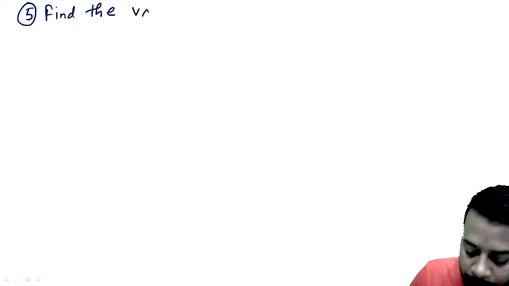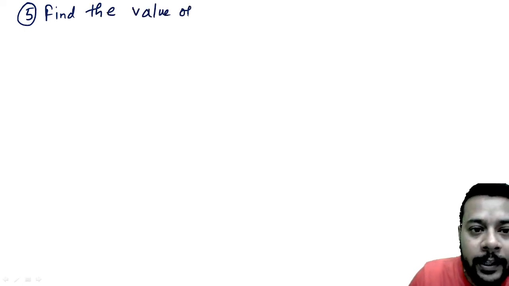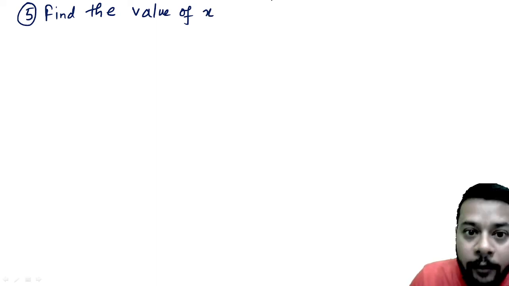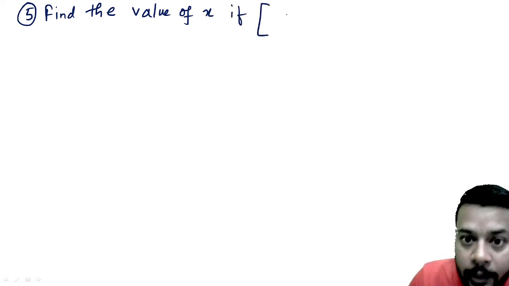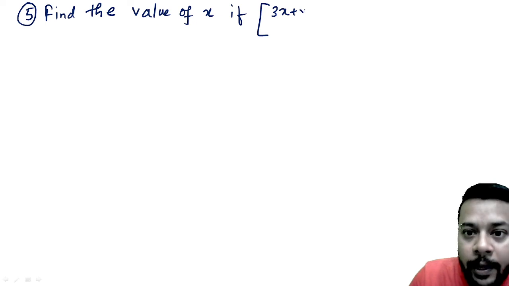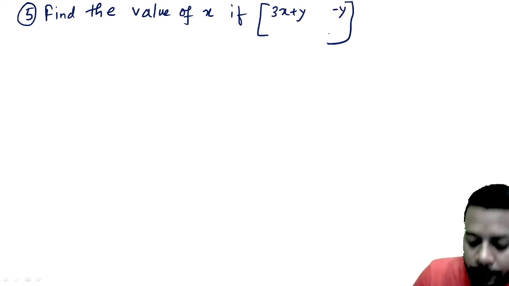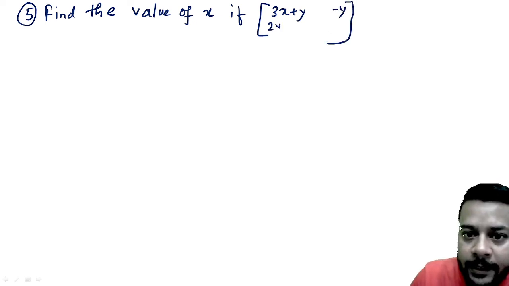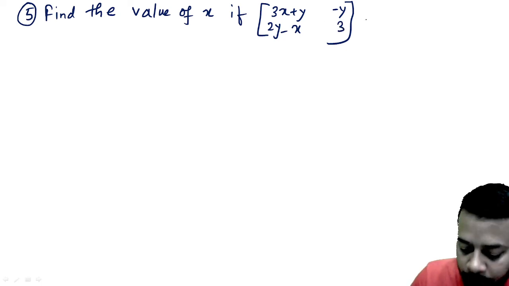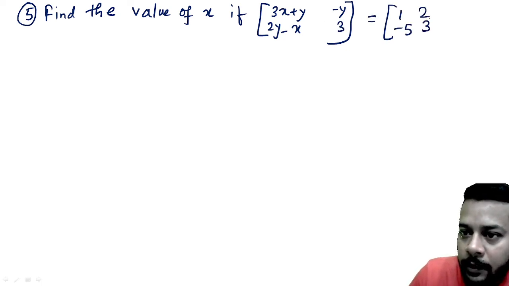I will tell you why. Find the value of x. They have told you to find only the value of x here. If the matrix with entries 3x plus y, minus y, 2y minus x, 3 is equal to the matrix 1, 2, minus 5, 3.